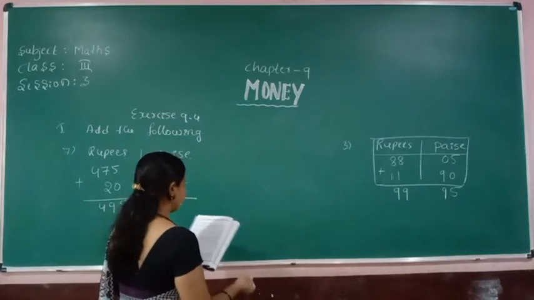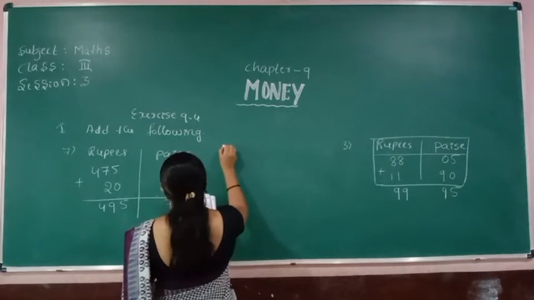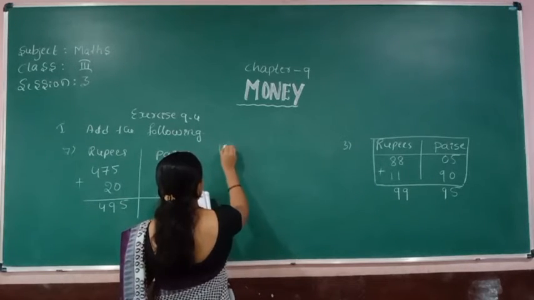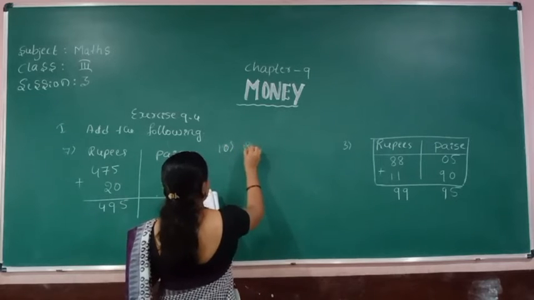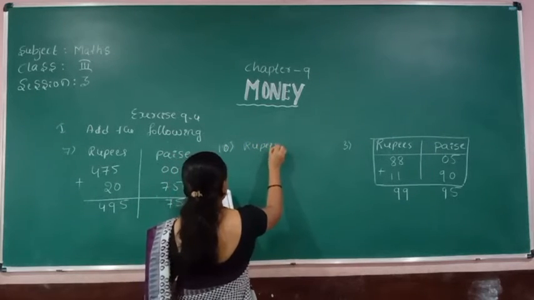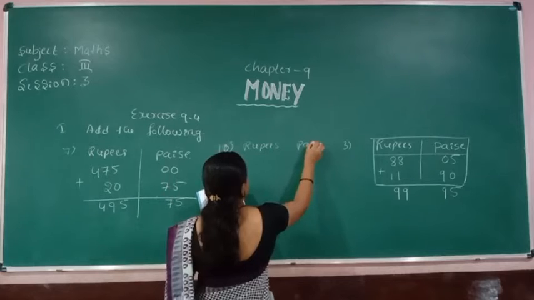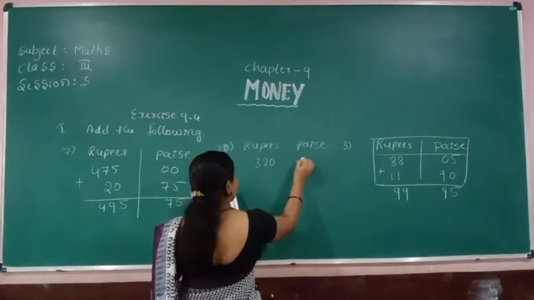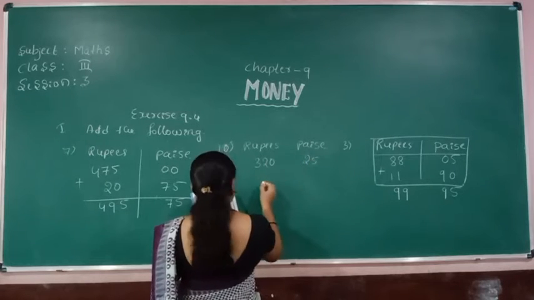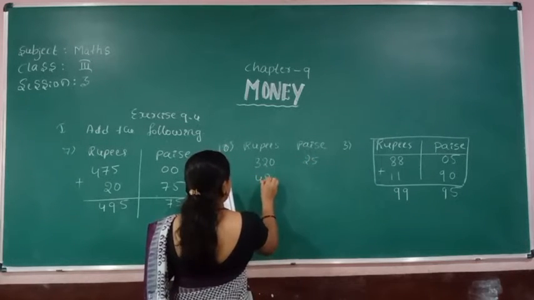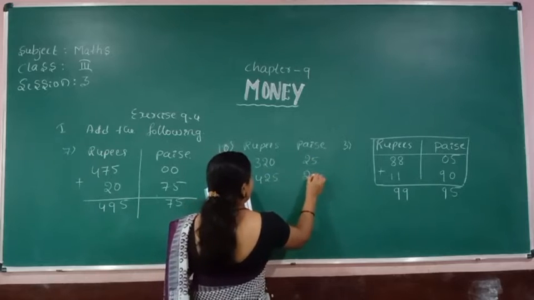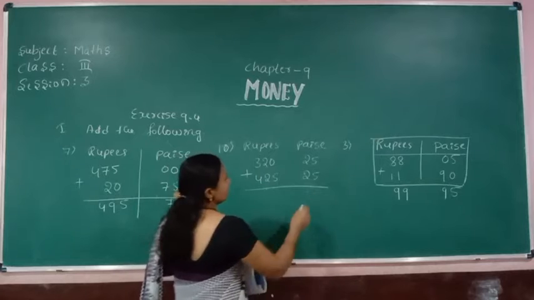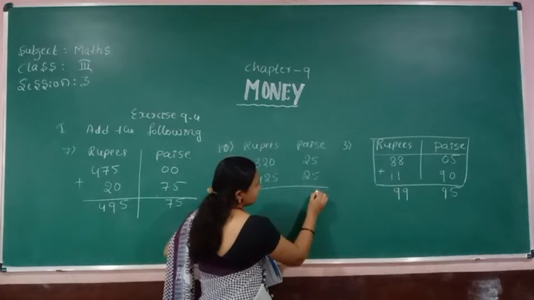Yes. Again one, that is the eighth one. Not the eighth, it is the 10th one we will do. Okay, the 10th one, rupees and paise: 320 rupees 25 paise, 425 rupees 25 paise. Okay, see, 5 plus 5, how much? 10.